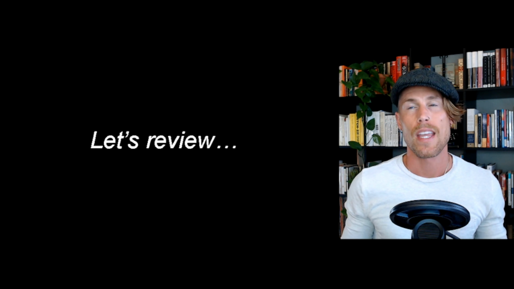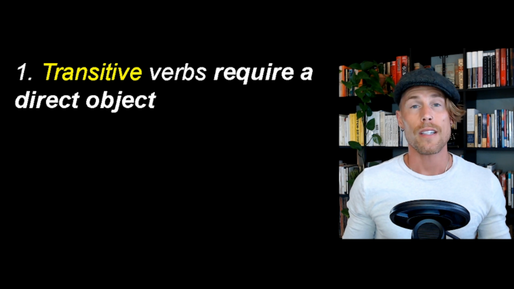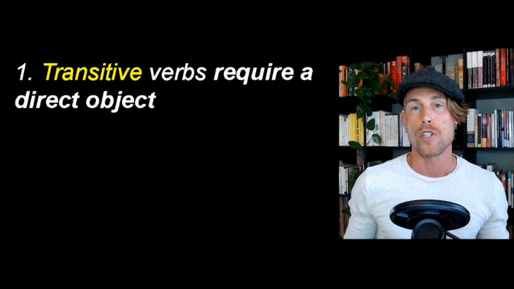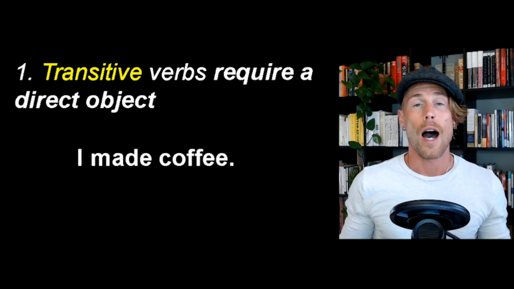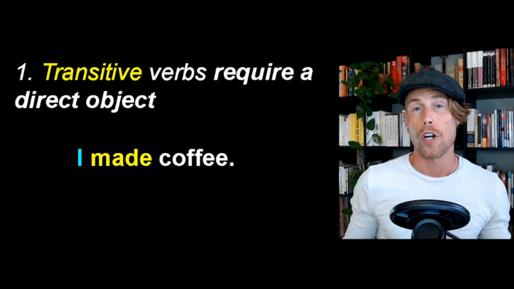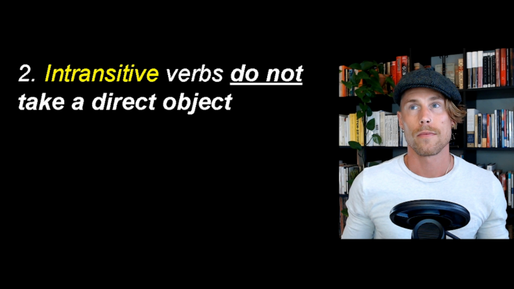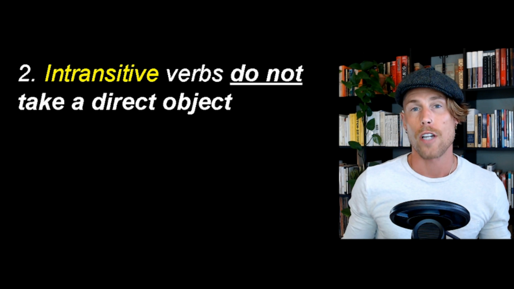Okay, let's review. Number 1, transitive verbs require a direct object. I made coffee. Subject, verb, object. Number 2, intransitive verbs do not take a direct object.